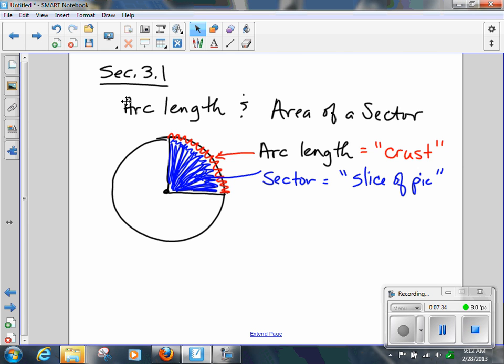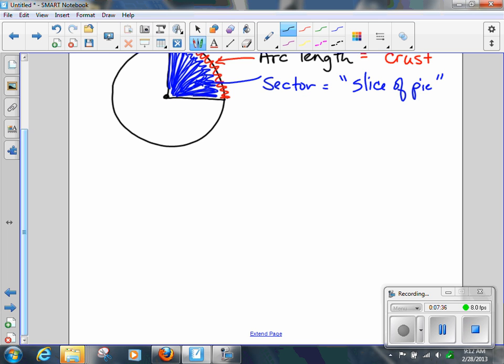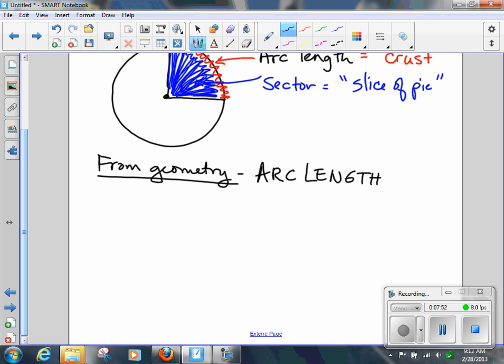Now, you got to know where they are. And again, this is all from geometry. We're going to tie some trig in here too. Arc length from geometry. Arc length is this.